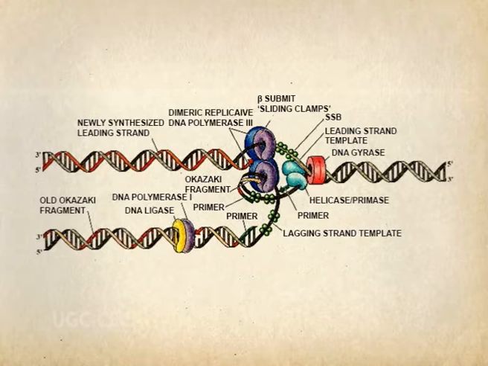Both strands are produced by a single asymmetric DNA polymerase III dimer. This is accomplished by looping the DNA of the lagging strand as shown, bringing together the two points of polymerization.